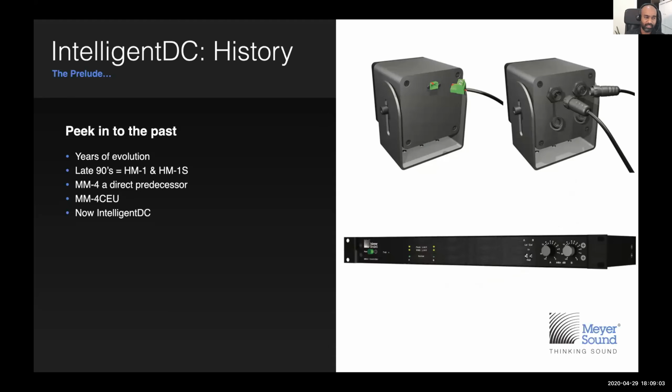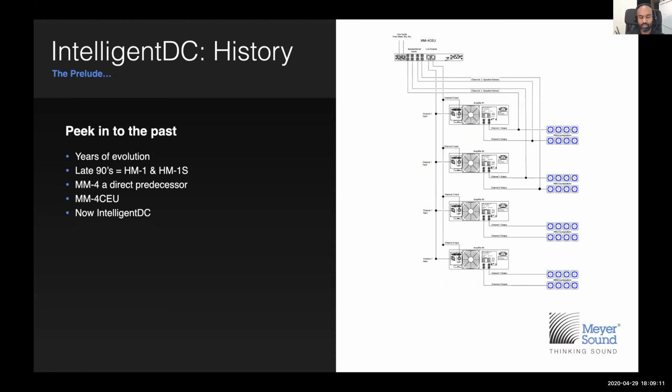This was driven by the MM4 CEU, which is the control unit that was used to process the signal that reached the loudspeaker. And to see an overview of how an MM4 system would look, it would have an MM4 CEU, which is driving all the amplifiers. There was some smart electronics controlling what was coming out of the amplifier, and the signal will reach the MM4s.